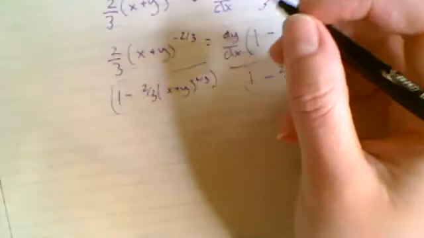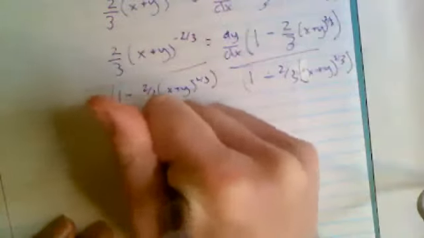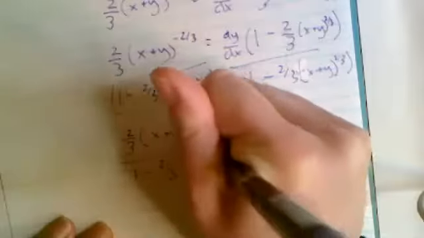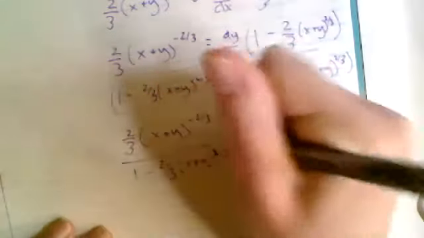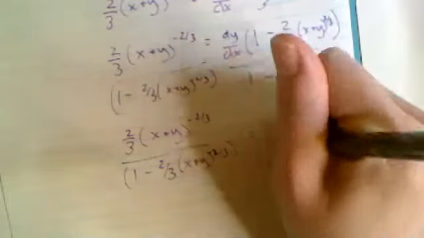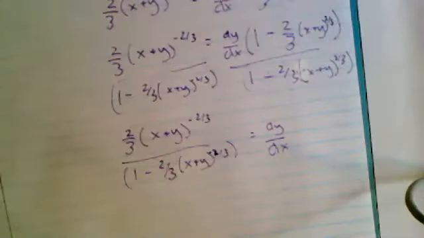All right, so in total we're getting this pretty nasty thing: 2/3 x plus y to the negative 2/3 over 1 minus 2/3 x plus y to the negative 2/3. I'm not sure about you, but I really dislike negatives, and I would really like it if we didn't have so many negatives going on here.